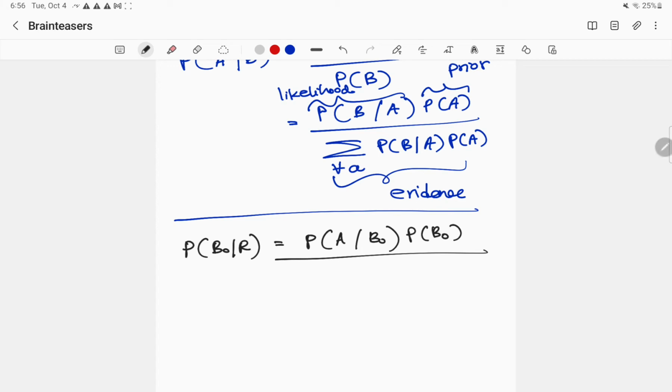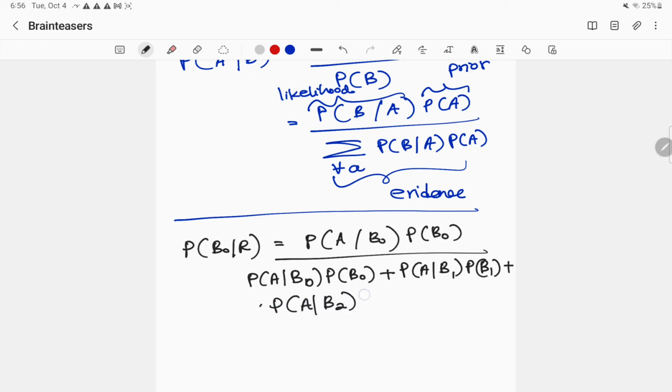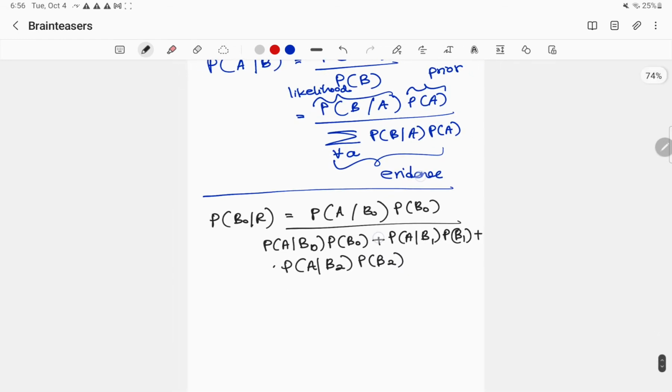It should be P(R given B naught) P(B naught) plus P(R given B1) P(B1) plus P(R given B2) P(B2). Okay, now let's plug the numbers.